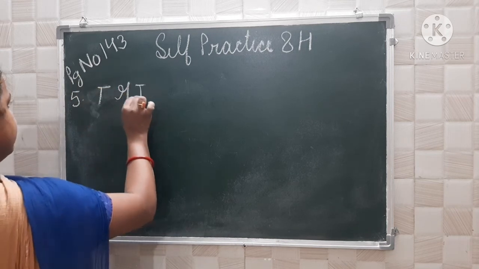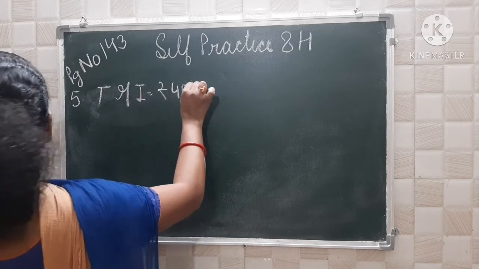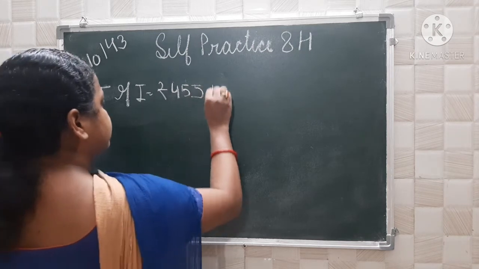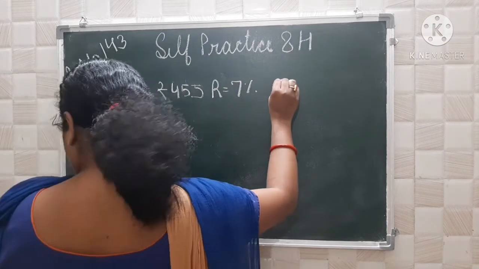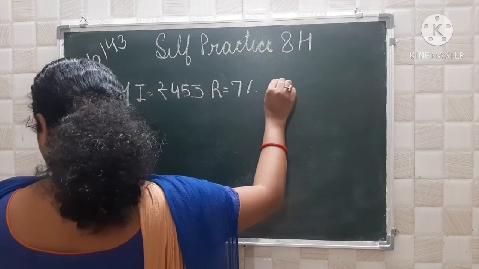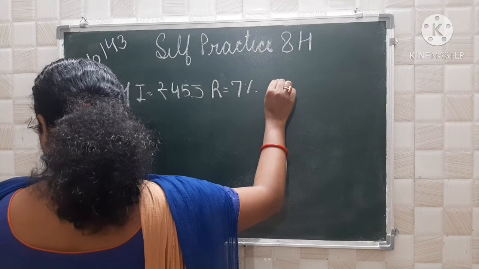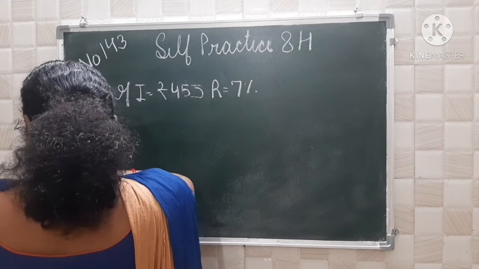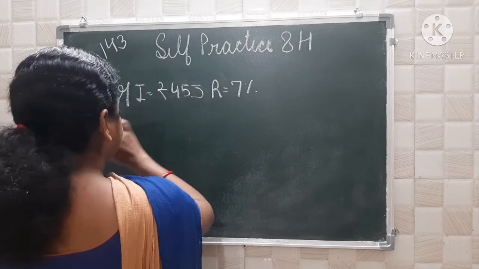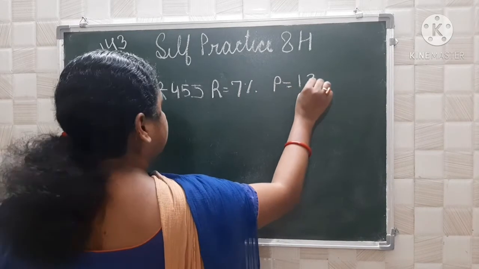I is equal to rupees 455, R is equal to 7% and P is equal to 1300.